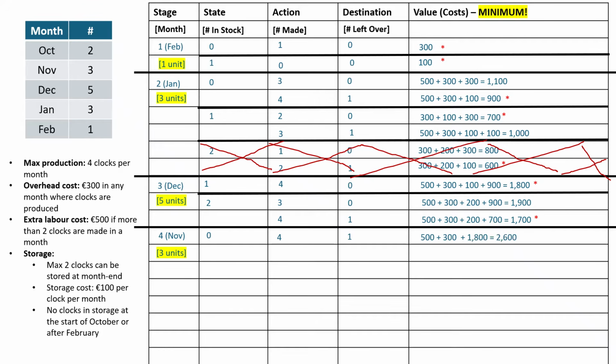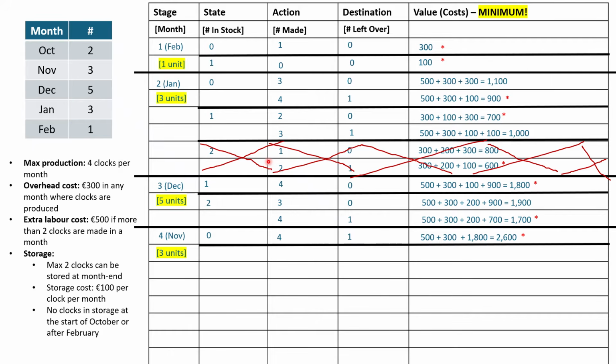If you sat down and spent a bit of time thinking at the start of the question, you may be able to really see what all the limitations are. So because the way that we can only make a maximum of 4 and we can only store 2, at any one time there can only be 6 within a month. So for the month of December, we could only pull 1 through. So you can stop and think about that before you start doing your work.